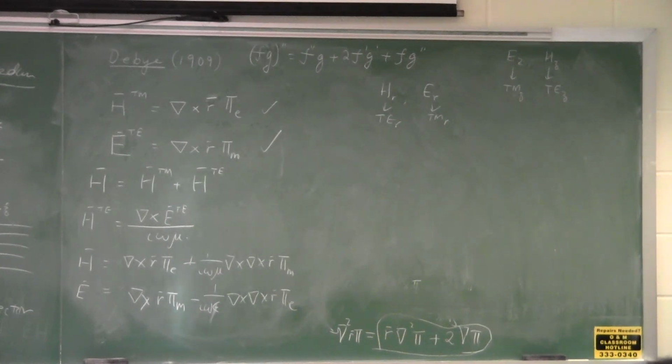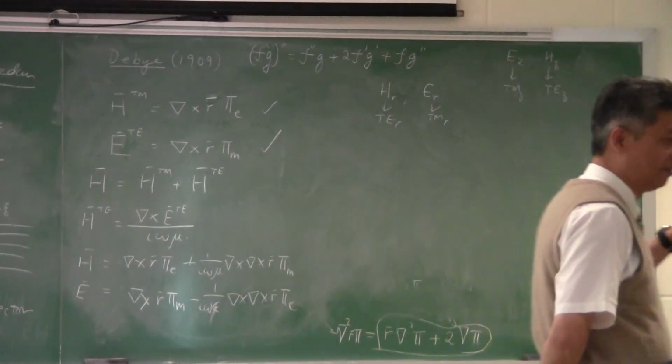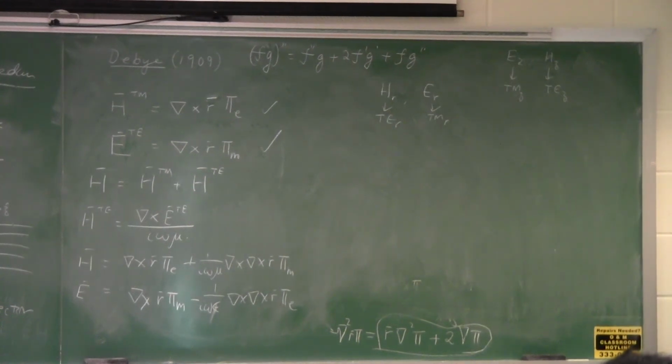No, they're not the same as those. That decomposition is only valid for a homogeneous medium. I'm going to extend this to a layered medium finally. It's not the same as that.